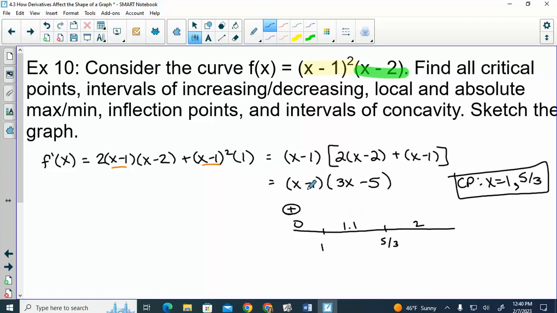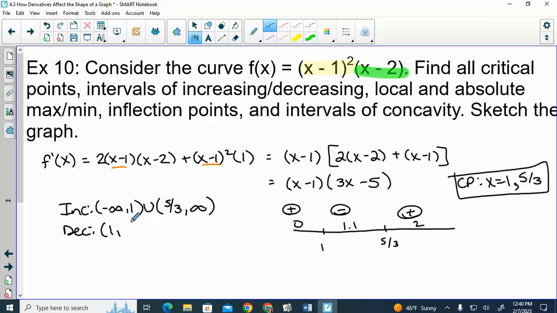If I put in 1.1, that would be a positive times a negative, which is negative. Put in 2, positive times positive is positive. So we are increasing from negative infinity to 1, and 5/3 to infinity. Decreasing from 1 to 5/3.